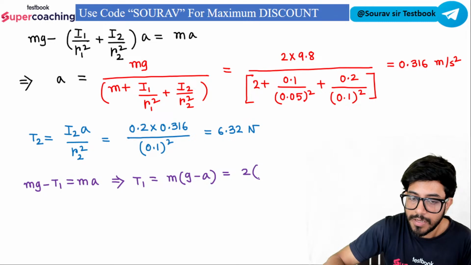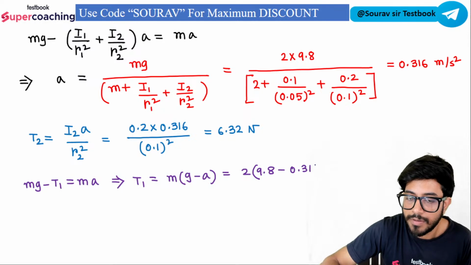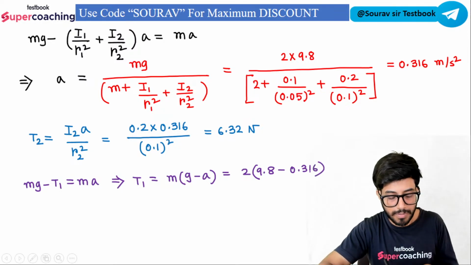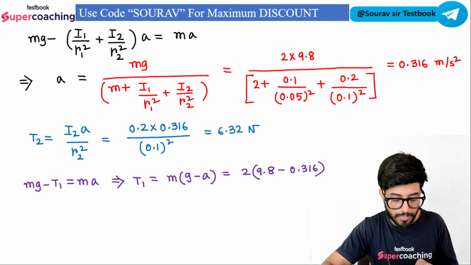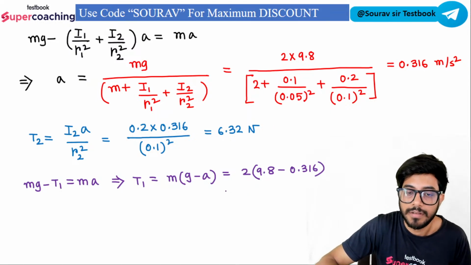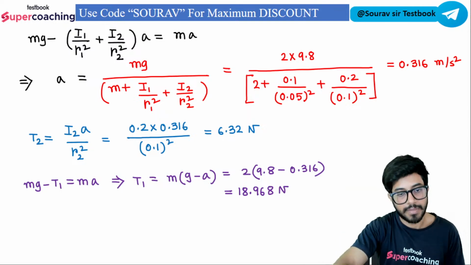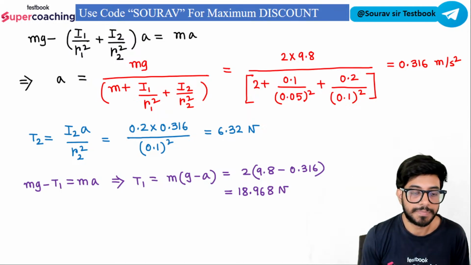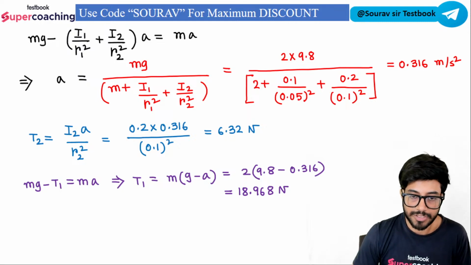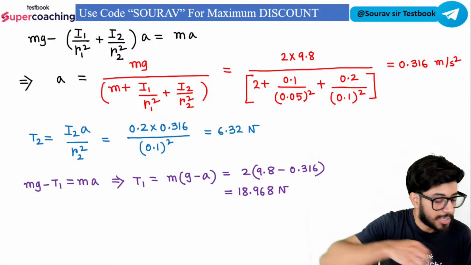M is 2 kg, G is 9.8, minus acceleration 0.316, so 9.8 minus 0.316 multiplied by 2, that is 18.968 Newton. So T1 is m into G minus a, with m 2 kg, G 9.8 and A 0.316. T1 we have found out.